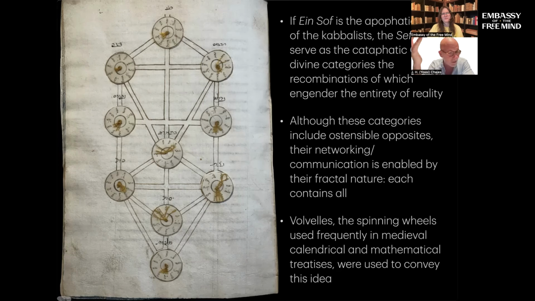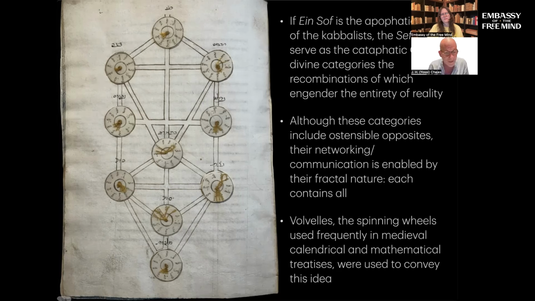So Sfirot are stories. And the way they combine and recombine, and what happens to the divine light as it passes through this network, going through different sfirotic hubs to create different combinations of energies, that's what gives rise to the entire variety of reality as we know it.